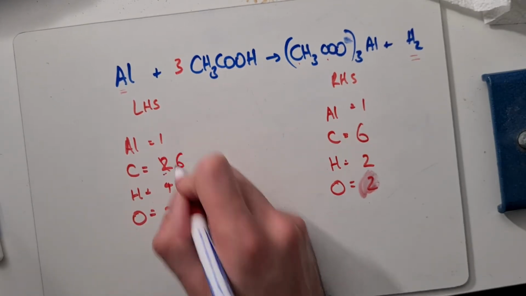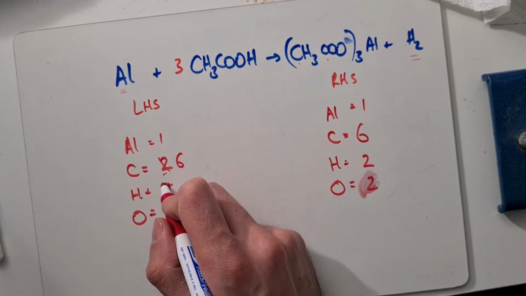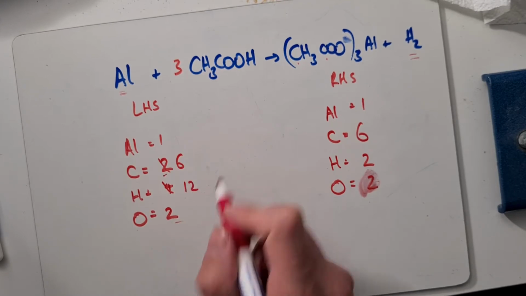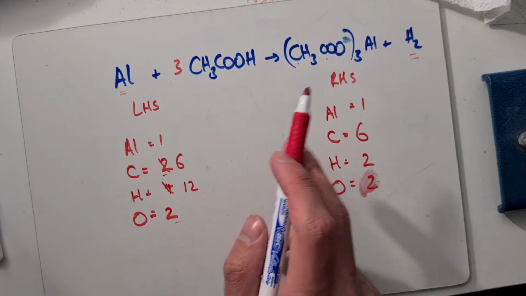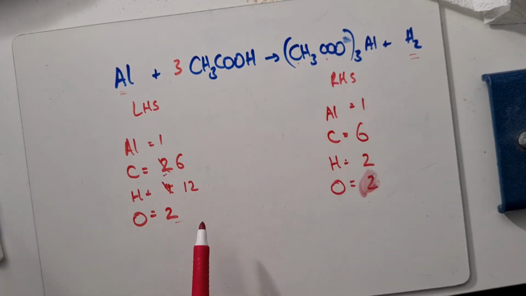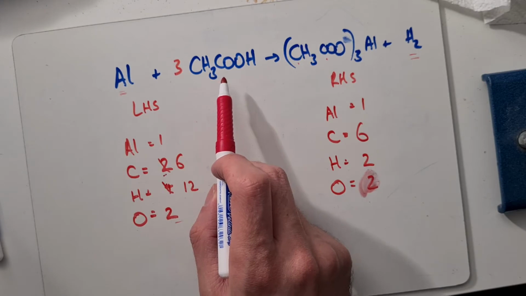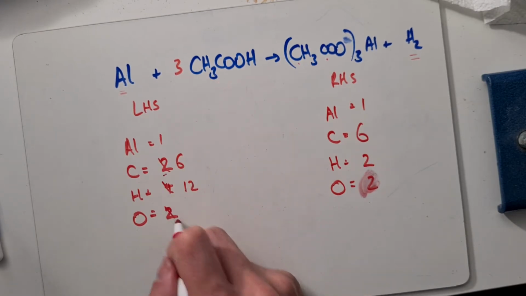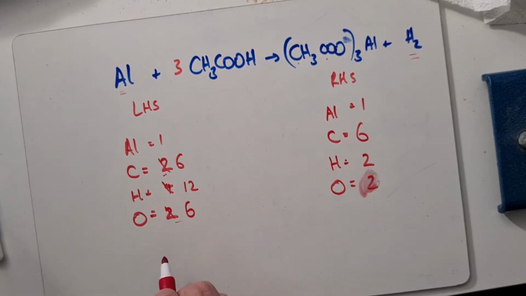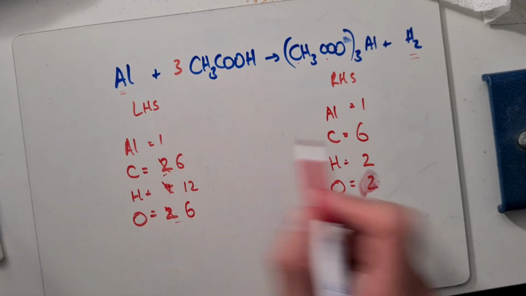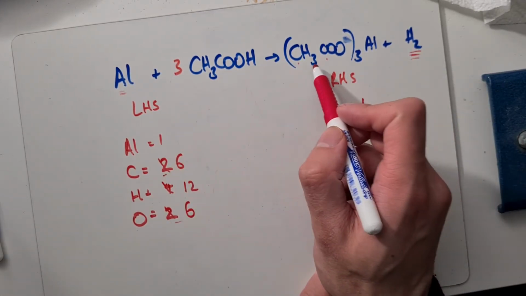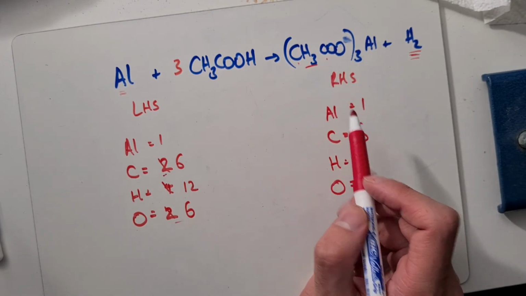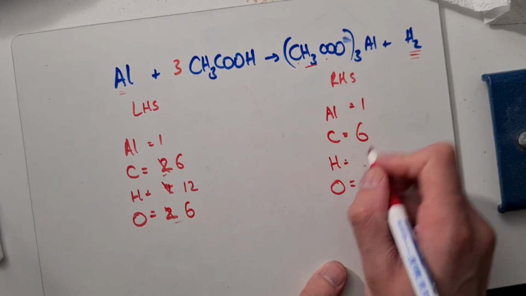So if I get the carbons to balance, I'm going to need to start by putting a 3 here. It changes that to 6, changes my number of hydrogens to 12, and changes my number of oxygens here to 6, 2 times 3. I'm sure people are screaming at me about the mistake I've made. I've only counted these hydrogens on this side. There are 3 hydrogens here, times by 3, so plus 2.